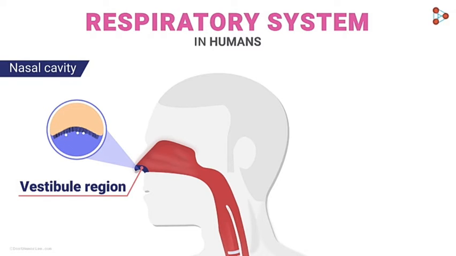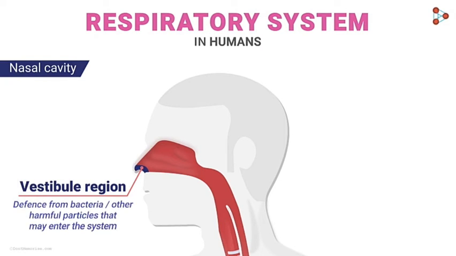Also, the hair in this region expel the trapped particles out with rhythmic movement. So the vestibule region has all the arrangements to defend against bacteria or other harmful particles that may try entering the system with the inhaled air.